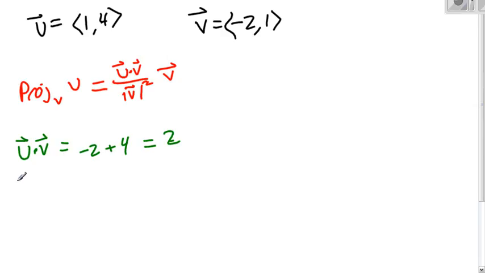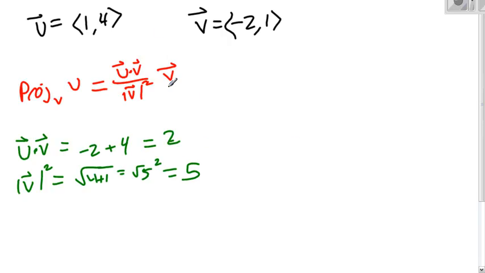And the length of v is the square root of 2 squared plus 1 squared. And if we square that, we just get 5.